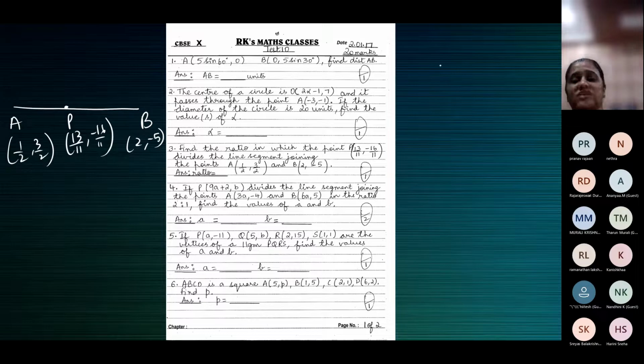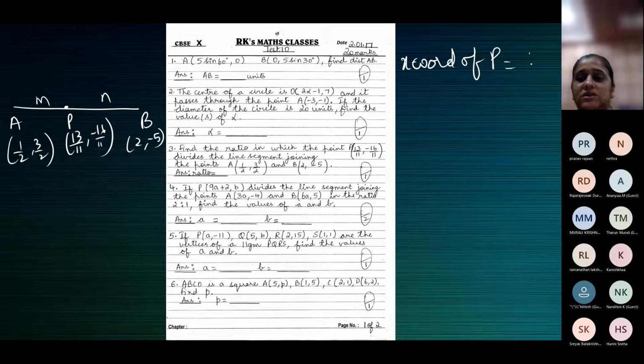Children, I want all of you to start like this. Let the ratio be m is to n, or k is to 1, whatever. Please start like this. The x coordinate of P, the point of division, is 13 by 11. That means (mx2 + nx1)/(m + n) = 13/11.